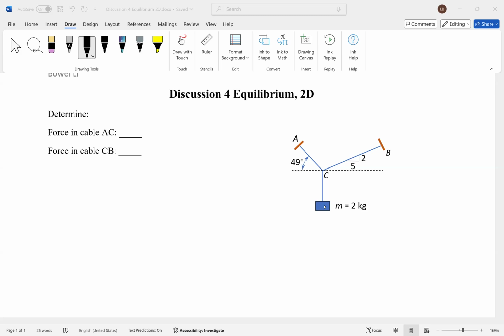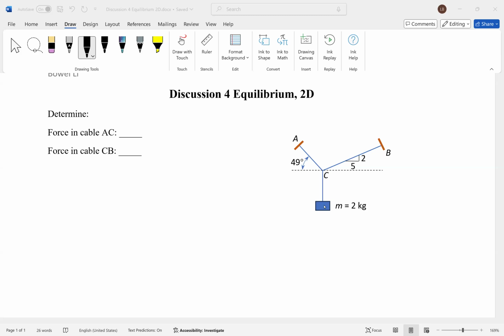Remember, generally for force analysis, the first step is always to draw the free body diagram. And a free body diagram is composed of the object that we are going to analyze and all forces on it, right?